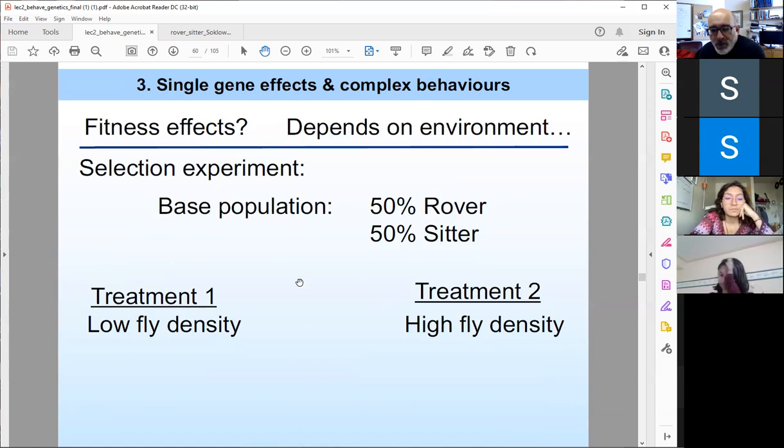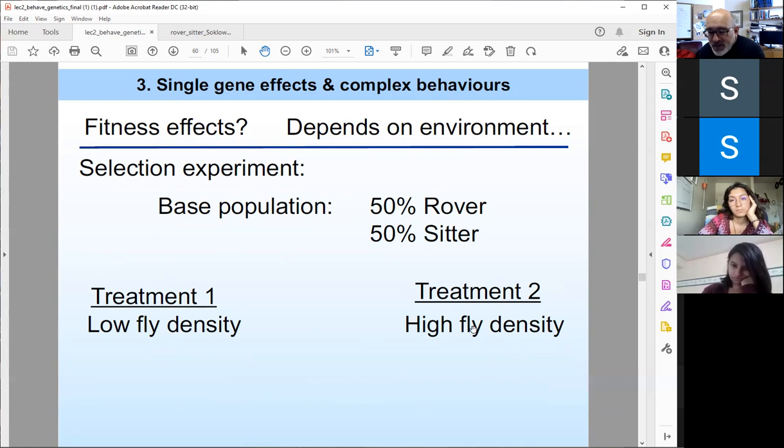From our perspective, we're interested in the adaptive value of behavior. So we ask the question, what are the fitness consequences of this gene and the behavior that it seems to influence? You can take a population of 50% rovers and 50% sitters, and in this case they had two treatments, a low fly density and a high fly density.